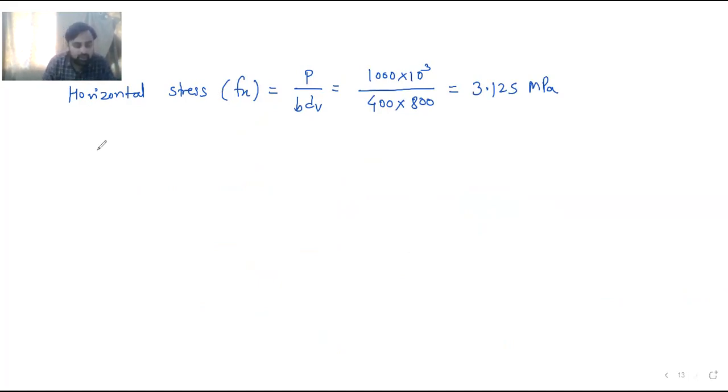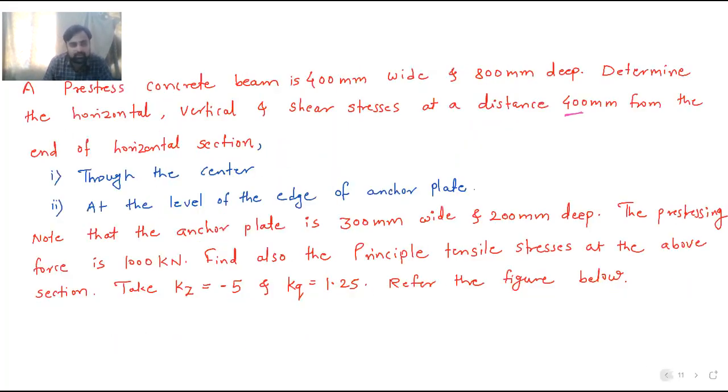So second, we will consider at the level of the edge of anchor plate. So in the problem, this is asked at the second point, but we are taking it first. Okay, at the level of the edge of anchor plate.